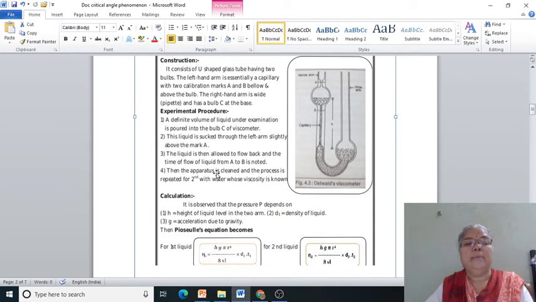And the calculations, how to calculate the viscosity.